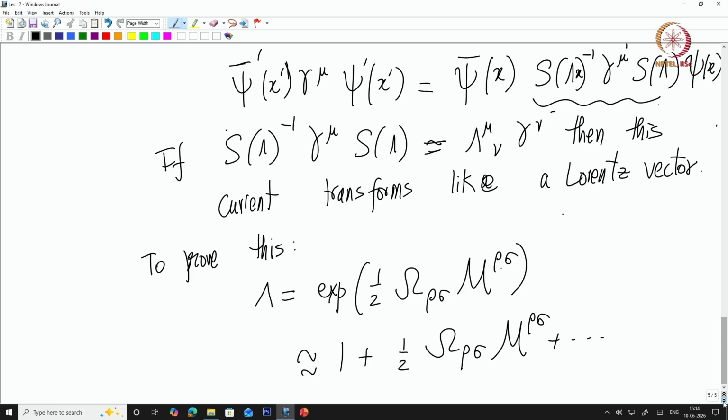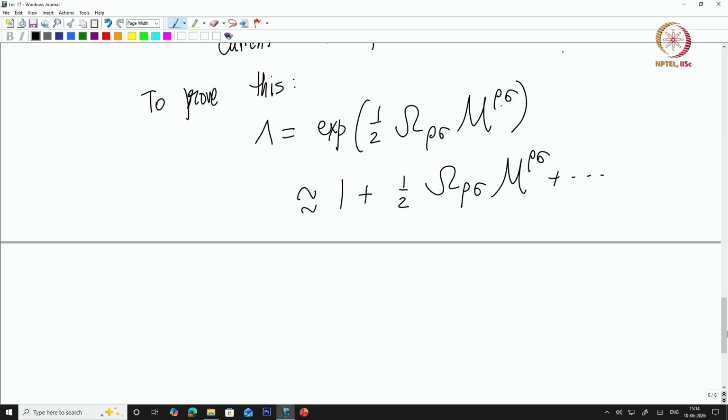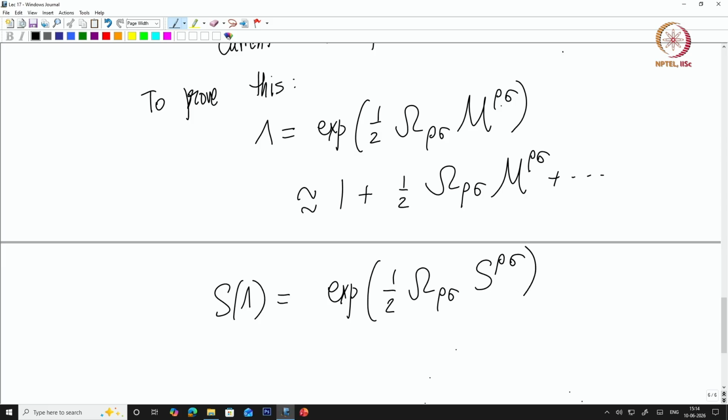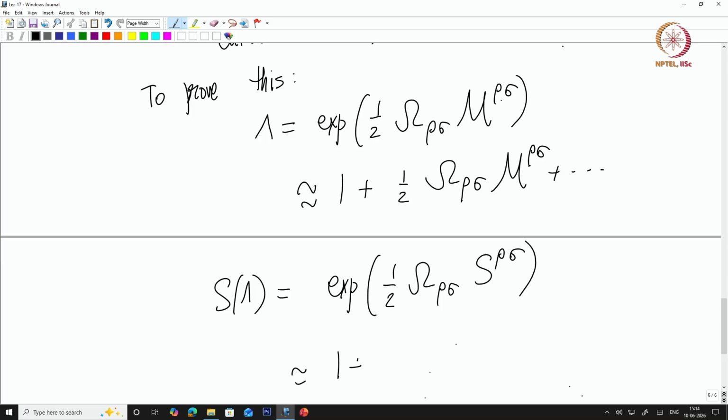Similarly, if you take the representation of S of lambda, that will be exponential of 1 by 2 omega rho sigma, with S instead of M, because S forms a representation of M. So this is 1 plus 1 by 2 omega rho sigma S rho sigma.